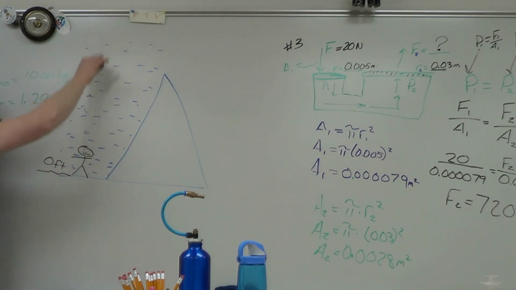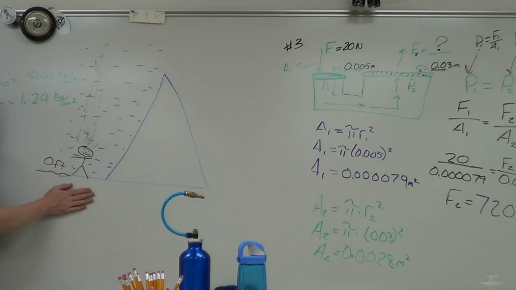Every molecule from the upper edge of the atmosphere pushes on the next and the next, and they combine to push down on me. It's a weird phenomenon, because even if I'm inside, the weight of those molecules is still pushing down on me. So I have some level of atmospheric pressure here.